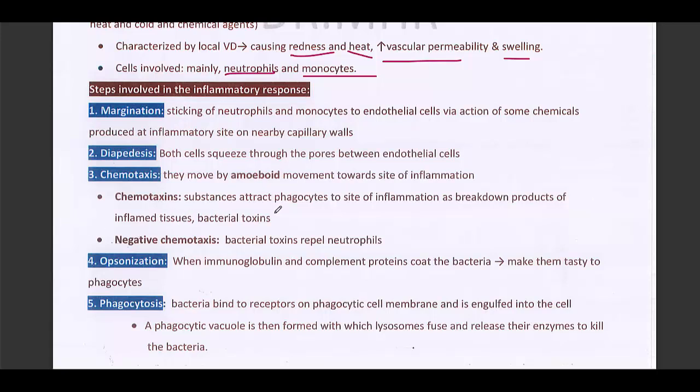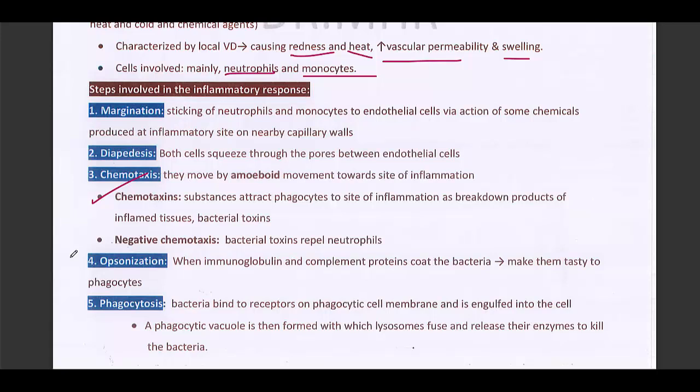These are substances that attract phagocytes to the site of inflammation, such as breakdown products, inflammatory tissue, and bacterial toxins. And with negative chemotaxis, bacterial toxins repel neutrophils.